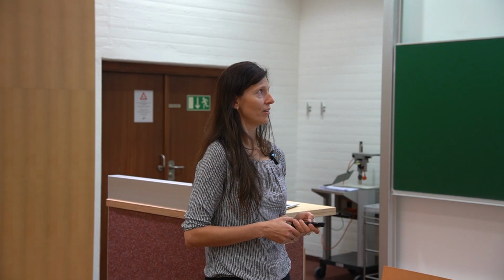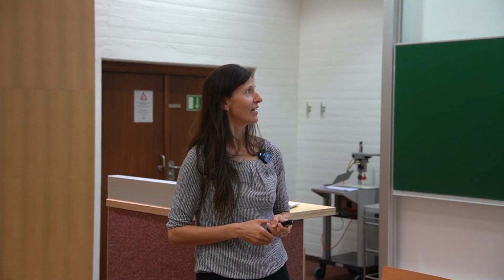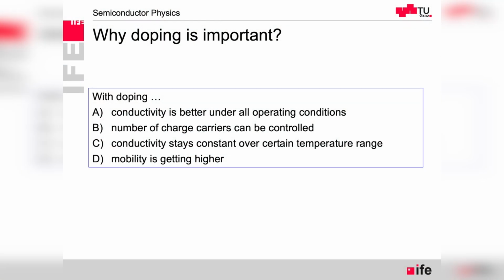So far about doping, and with doping, maybe the final question: what happens? The conductivity is better under all operating conditions, or the number of charge carriers can be controlled, conductivity stays constant over a certain temperature range, mobility is getting higher. So I think that after this part, it should be easy to answer.